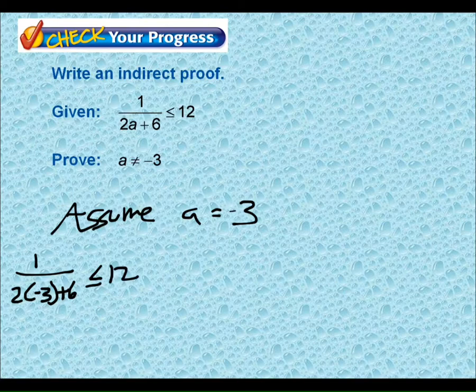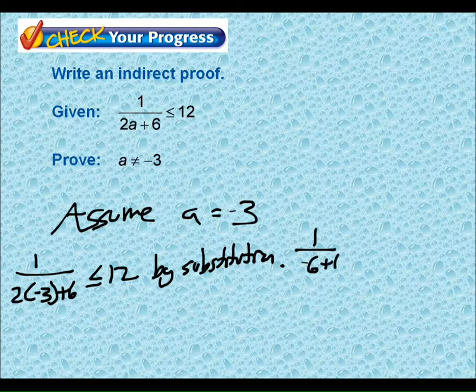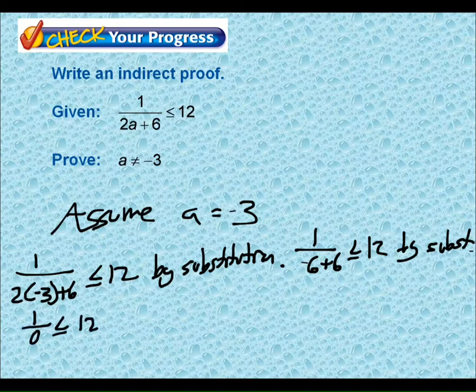One divided by 2 times negative 3 plus 6 is less than or equal to 12. By substitution, 1 divided by negative 6 plus 6 less than or equal to 12. By substitution, 1 divided by 0 less than or equal to 12. By substitution.